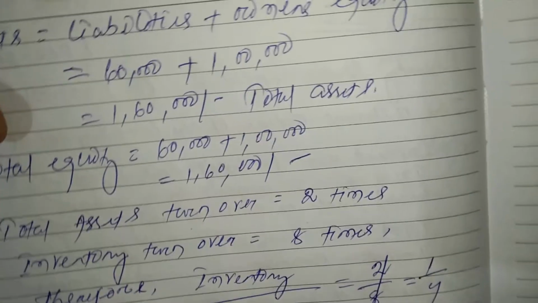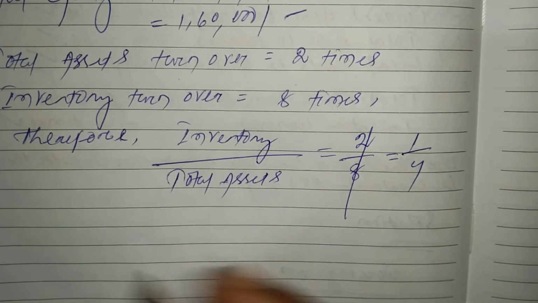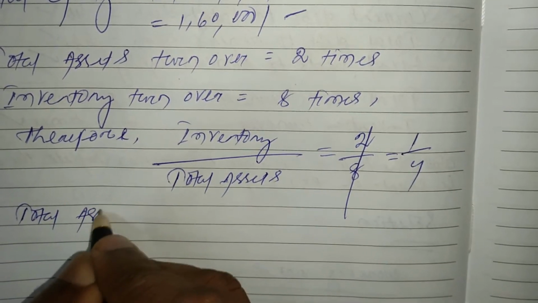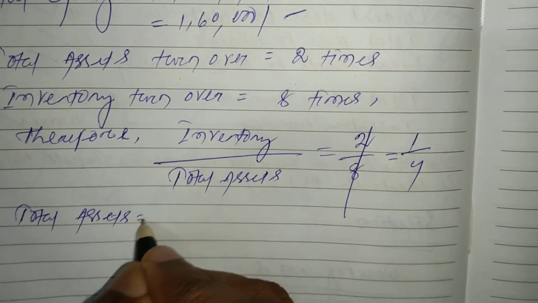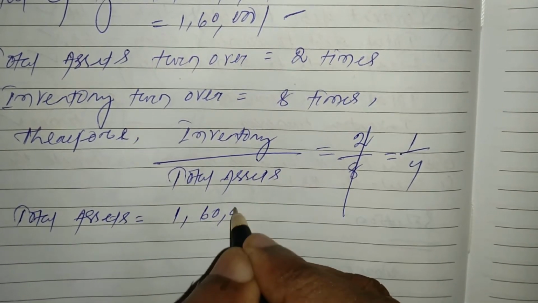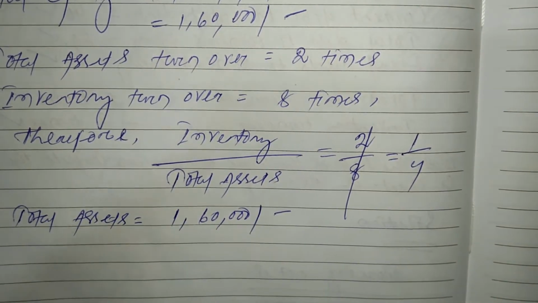And we know total assets are 1 lakh 60,000.